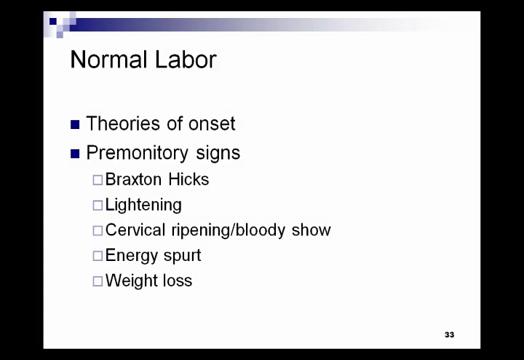Oxytocin receptors in the uterus increase markedly as labor begins. And so if those receptors are open, then labor is more likely to happen. What's interesting about that is that's why if we have someone who's carrying a stillborn baby prematurely, we can't use oxytocin to stimulate labor to deliver the stillborn fetus, because there's not many receptors open.